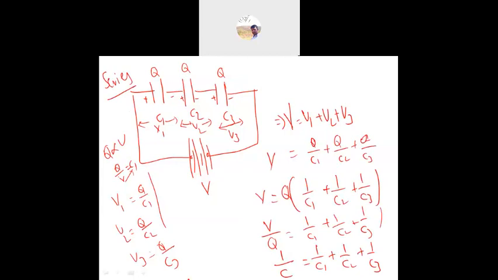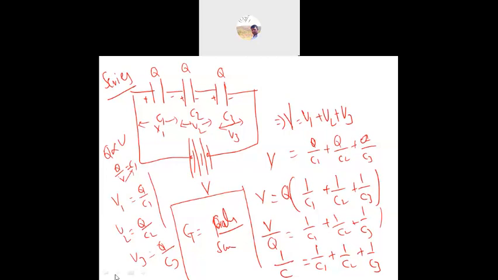We can write this as CT equal to product by sum: at the top comes the product, and after that the sum, like C1C2C3 divided by C1C2 + C2C3 + C3C1. Always remember that. So this is for series.